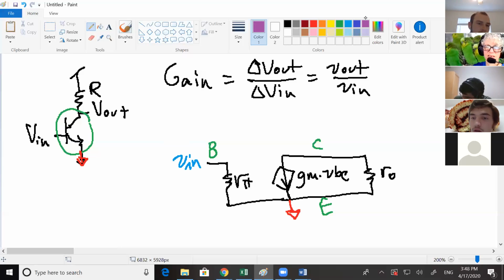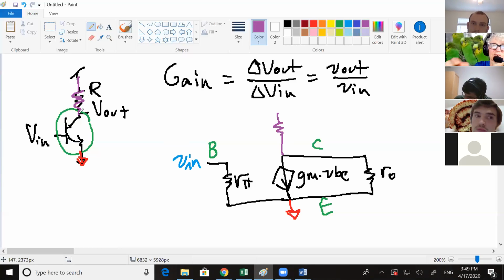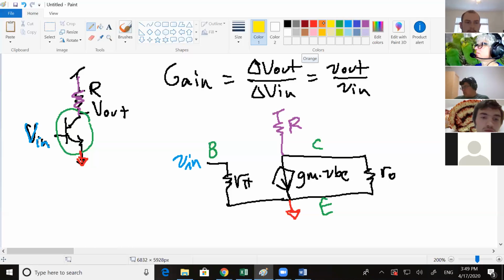C. Okay, so the resistor is connected to C. And what about V out? Also C. That's not very good.